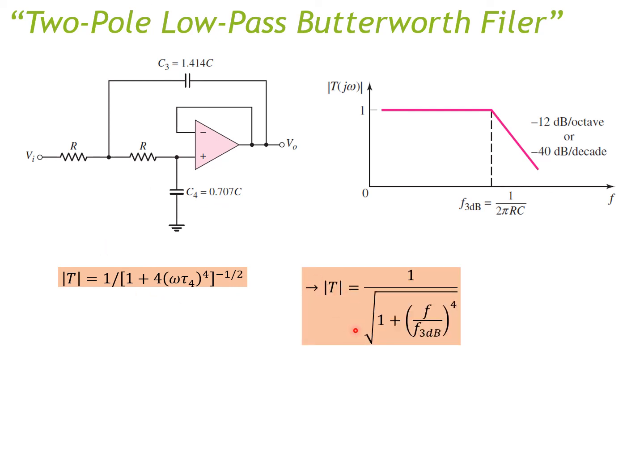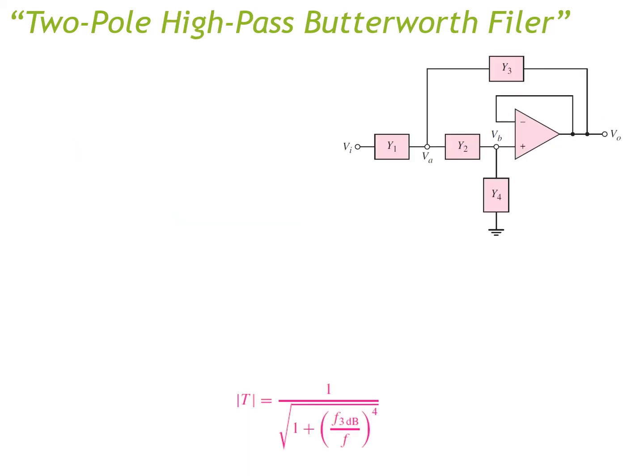We can write it in another form, and let's accept this as the final form: 1 over the square root of 1 plus f over f 3 dB, which is the 3 dB frequency, then to the fourth.